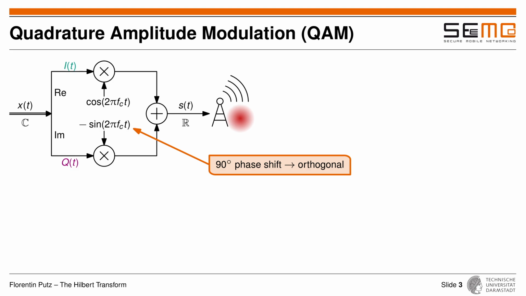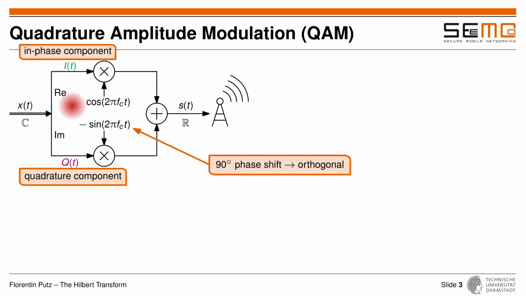And in this case, because we basically have two baseband signals, one for the cosine and one for the negative sine, we can think of this as a single complex baseband signal, which has a real component and an imaginary component. The real component, let's call it I of t, is what modulates the in-phase component of our resulting signal.